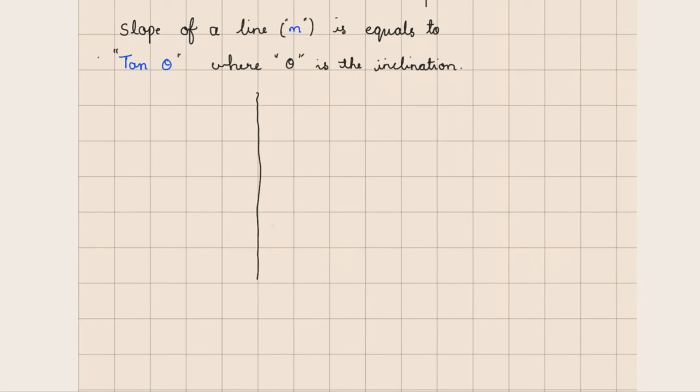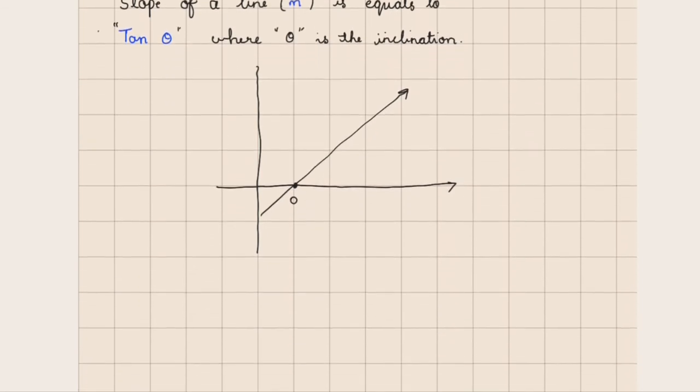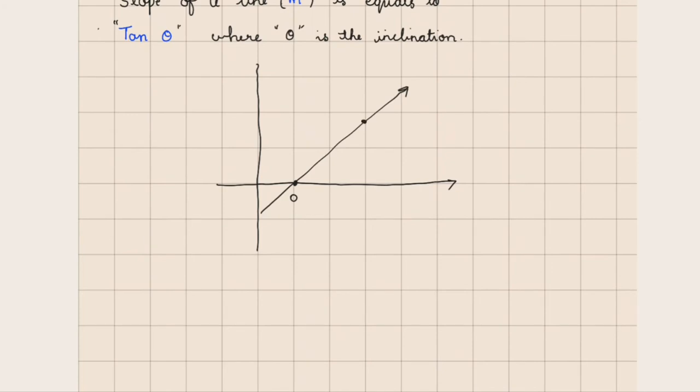Let's say this is the y-axis, this is the x-axis. Let's say a random line L, and this point is O. Let's take any point P on the line. Draw the perpendicular to the x-axis.